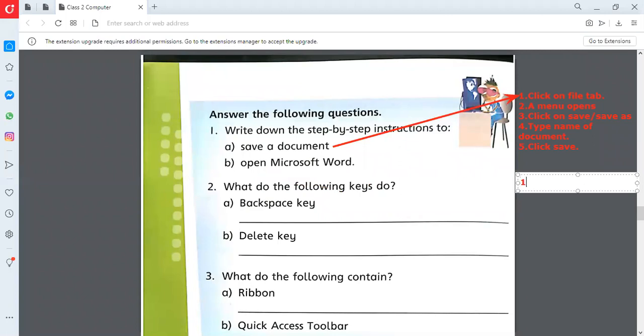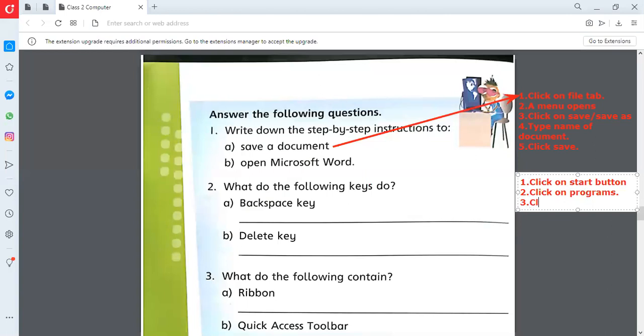The steps are easy. First, we have to click on start button. Then we have to click on program. Then we have to do what?